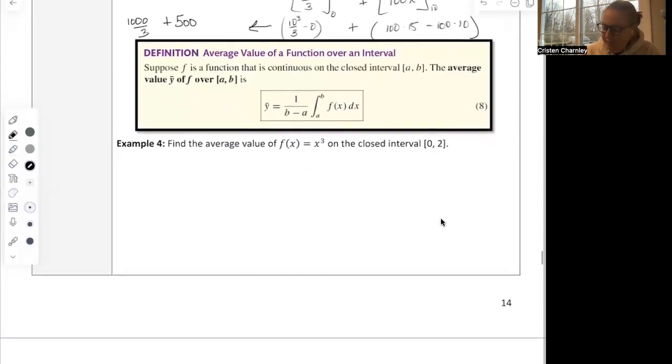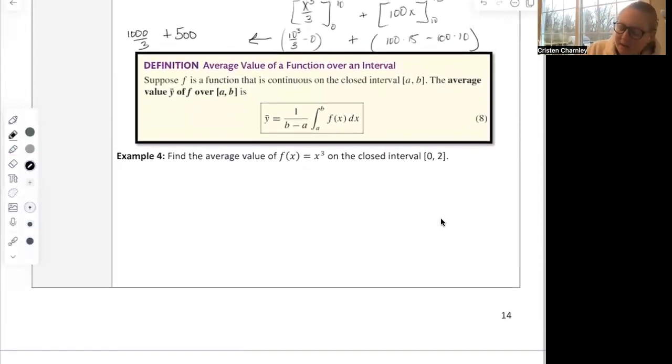Average value. This is a definition. We should definitely have it memorized. It's not terrible. It's 1 over b minus a, the integral from a to b, f of x dx. This y bar or f bar means average value, and this is the formula that we're going to use.